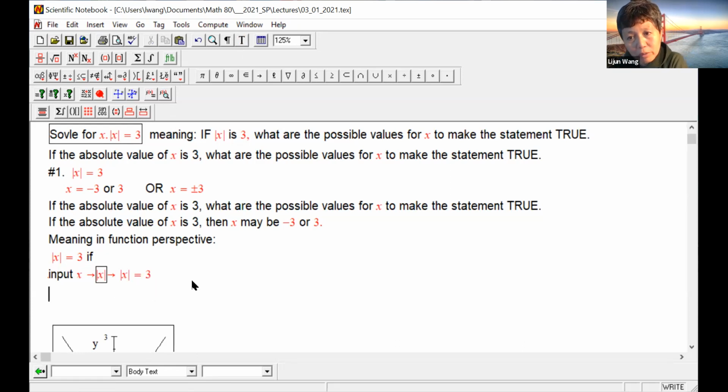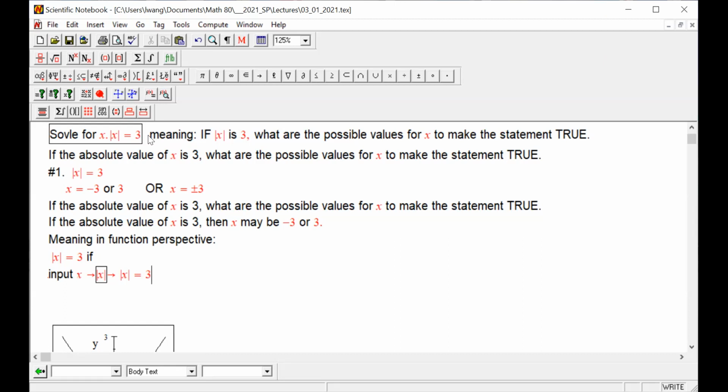If the output is 3, what are the possible inputs? Guys, could you tell me? -3 and +3.